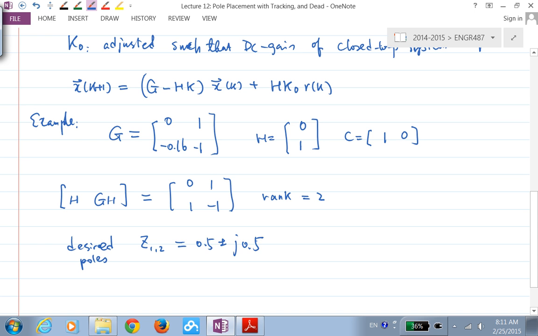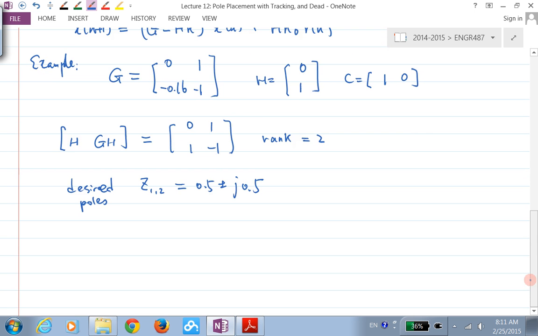Suppose this is my desired pole location, and we're trying to calculate the capital K. If this is the desired one, then the next step is the desired characteristic equation, and we use alpha c of z as the symbol. That's essentially the determinant of this quantity.